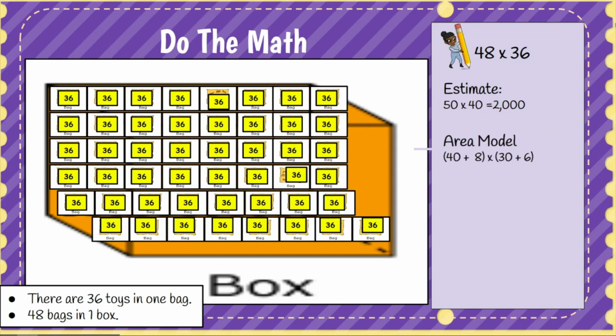Let's use the area model to solve. 48 can be decomposed into 40 plus 8 times 36, which can be decomposed into 30 plus 6. Let's set up our area model.